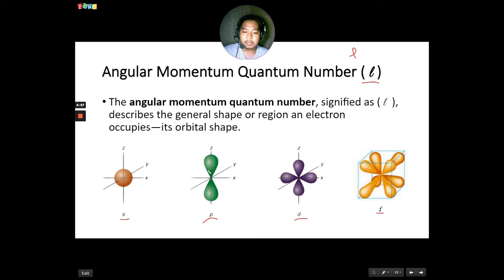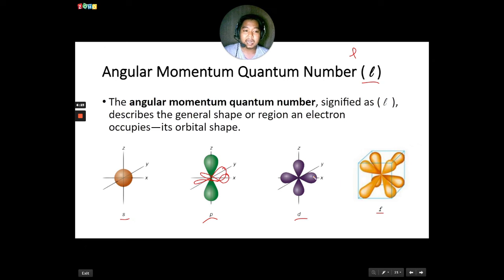However, since we are talking about 3D, this bow tie could also lie here, or on the x-axis, because we are talking in three dimensions. So the d would also have that possibility, while f would have a lot of possibilities.